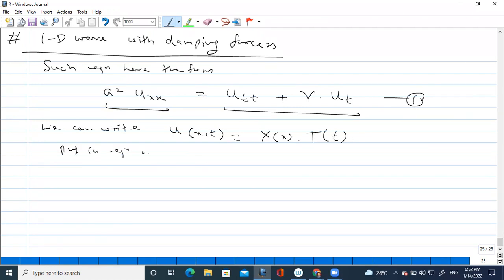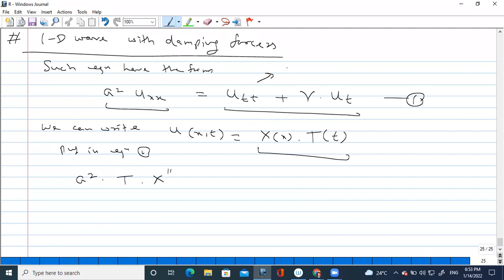Put in equation 1. Then actually this is a square del 2u by del x square, and this term I am putting here. So t is constant here. T will come out into the double differentiation of x with respect to x. So that will be x double dash. Understood?